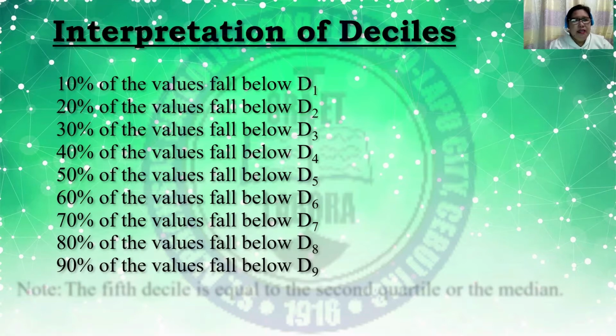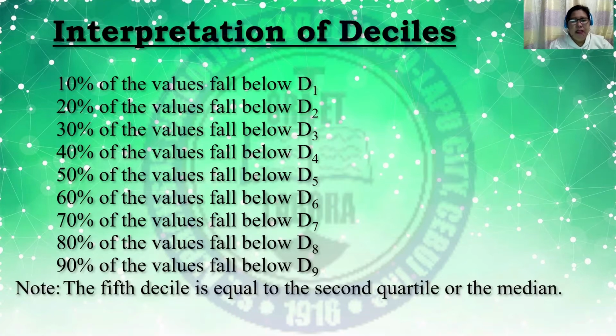For the second decile, 20% of the values fall below D2. For the third decile, 30% of the values fall below the third decile. And for the ninth decile, it will mean 90% of the values fall below the ninth decile.